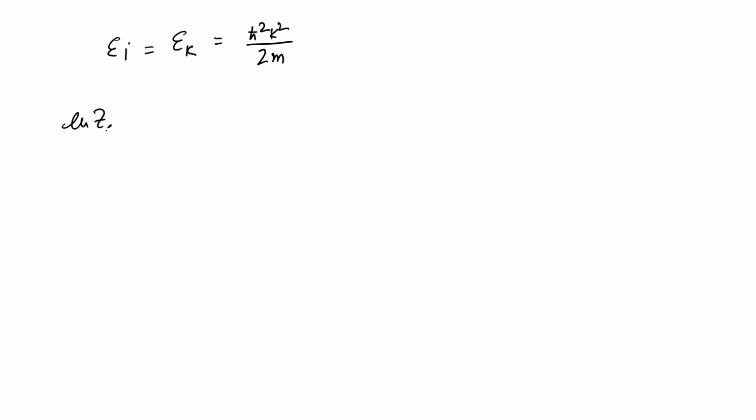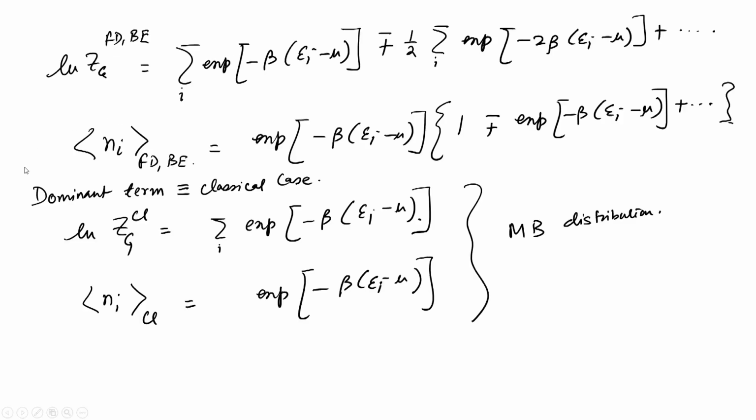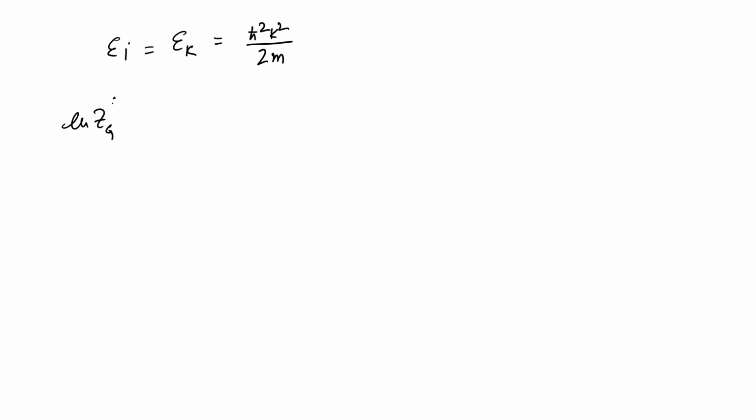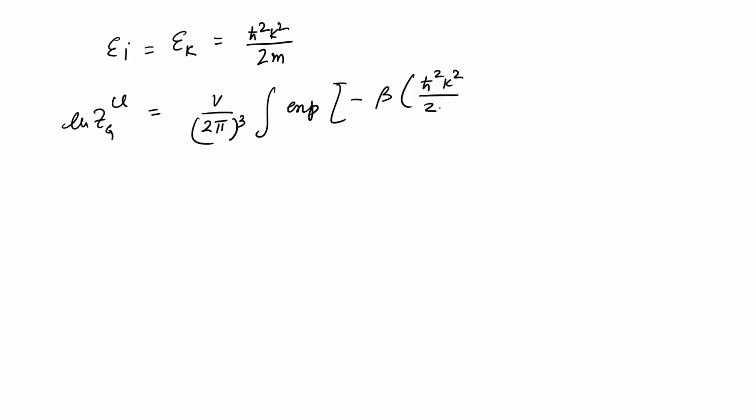So, log of Zg, let me see, we wrote classical here. So, classical is equal to the integral of exponential minus beta h cross square k square over 2m minus mu, where m is the mass of the particle, and this is d cube k, or sometimes it is written as dk with a vector sign, they mean the same thing.